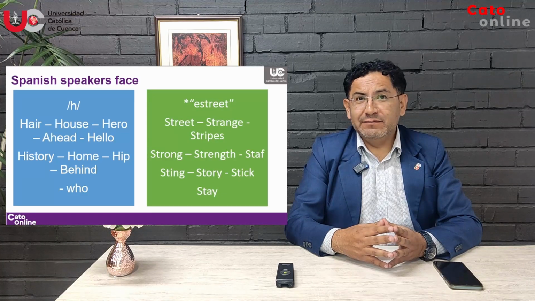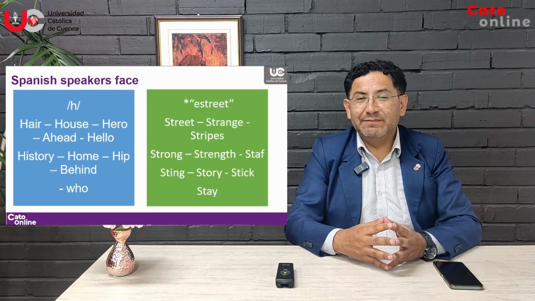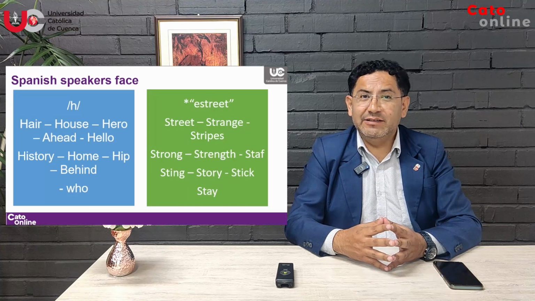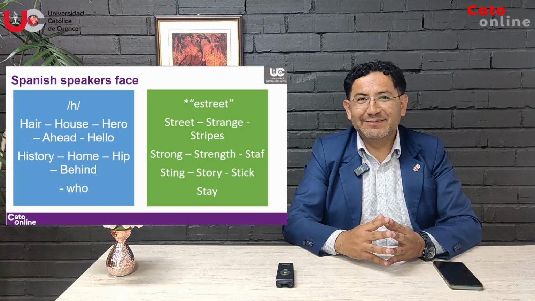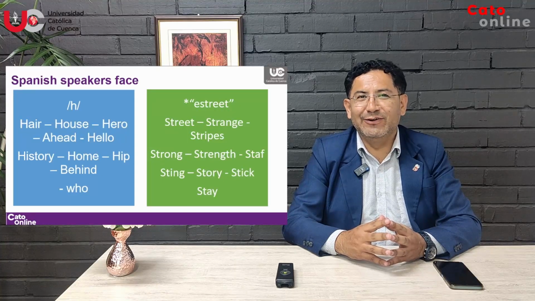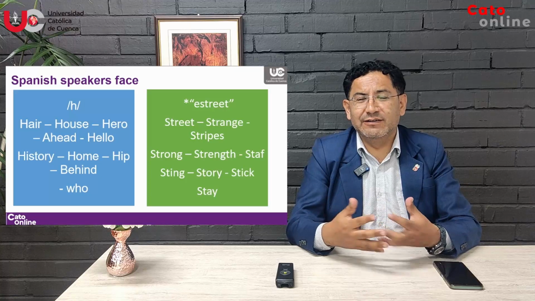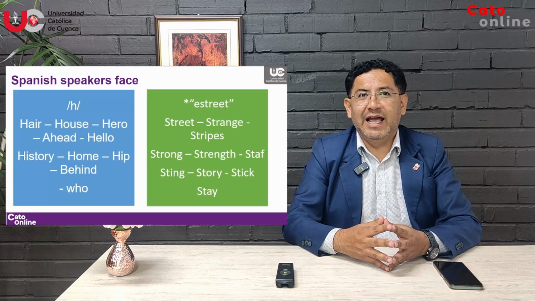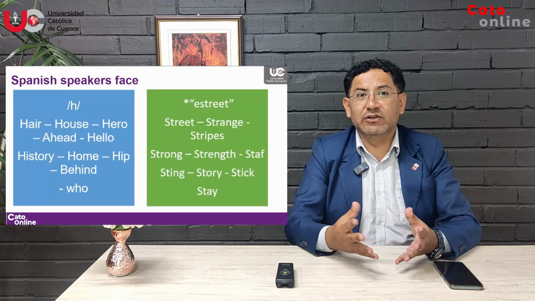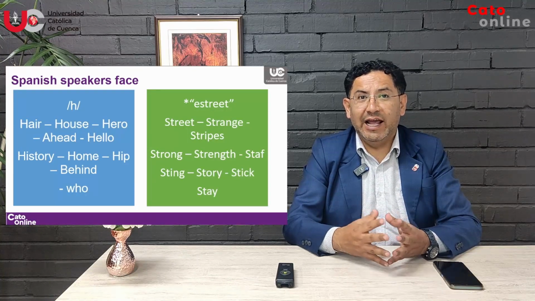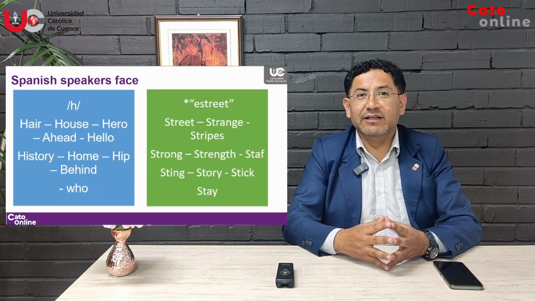And then we have a special one, interfering E. In this case we have the E, street. We always say, when we start speaking English, estreet, estrange, estrong, estory, but it is incorrect.